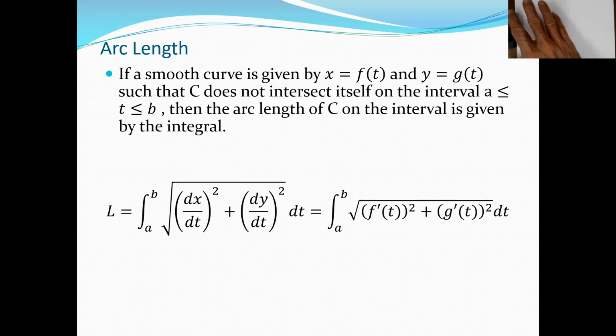So we defined the derivative of a set of parametric equations, the slope that results from that. And now we're going to look at arc length.